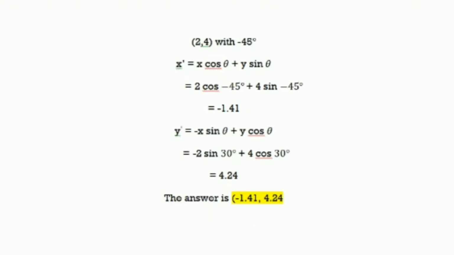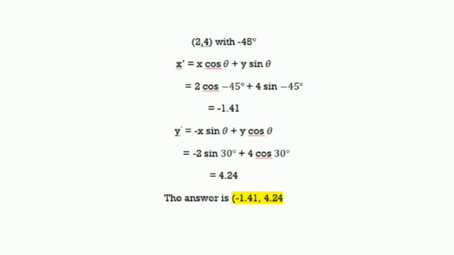Next is 2, 4 with an angle of negative 45 degrees. By substitution ulit, so for our x prime, we have 2 cosine negative 45 plus 4 sine negative 45, which is equal to negative 1.41.